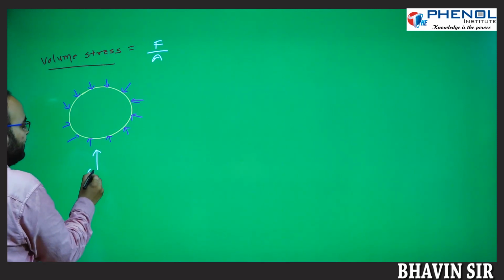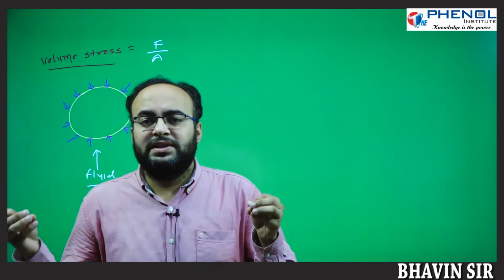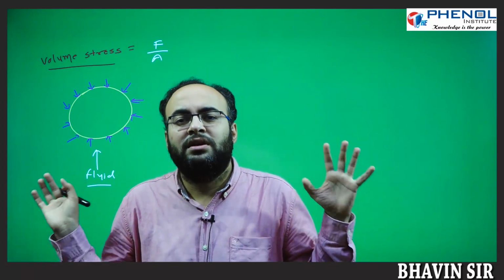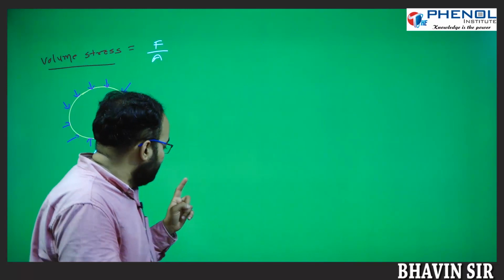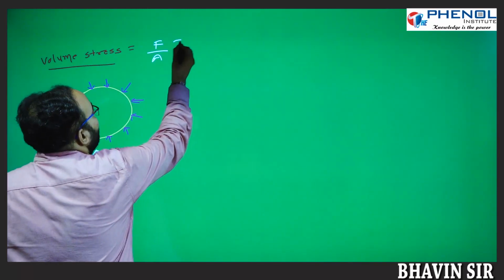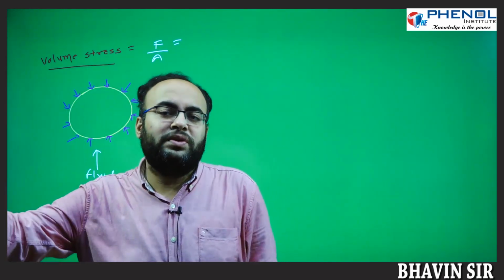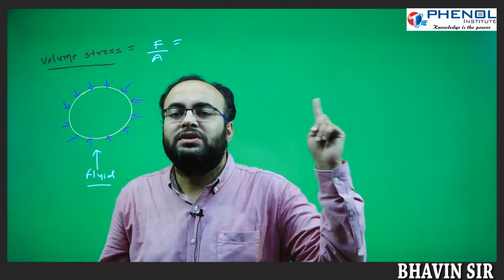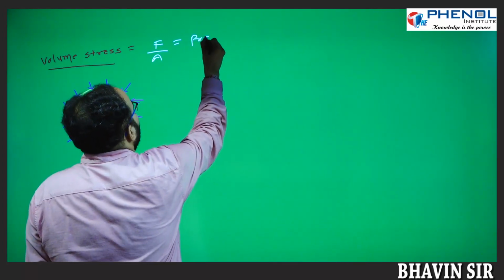This is possible in a fluid. As we know, given the example of air, when air is moving inside a balloon, force is applied to each and every part of the balloon by the air, and the volume of the balloon is increased. So students, this is possible in a fluid, so that's why it is force by area for volume stress. In case of volume stress, force is applied to each and every part of the body, and this is possible in a fluid. So volume stress F by A is known as pressure.